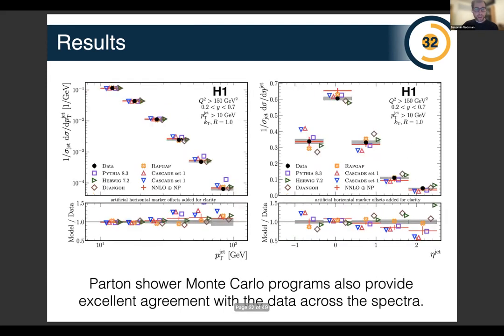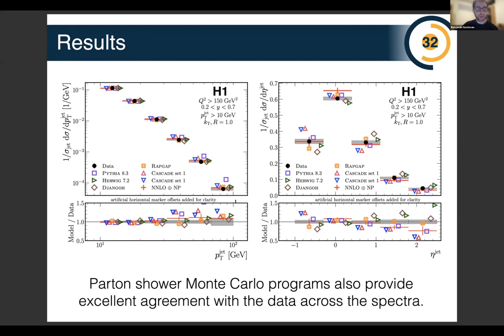Okay, we also have PT and eta, so PT on the left, eta on the right, once again compared with fixed order calculations. Interestingly, although not shown here, for eta, it's actually really important that we have the next-to-next-to-leading order because the corrections from next-to-leading order are not small. And actually, in fact, the N3LO corrections are also not that small.